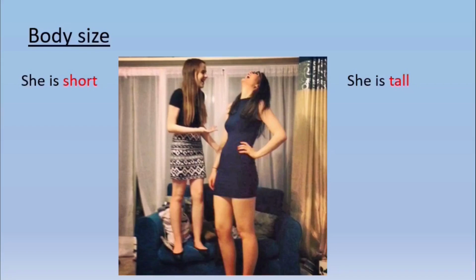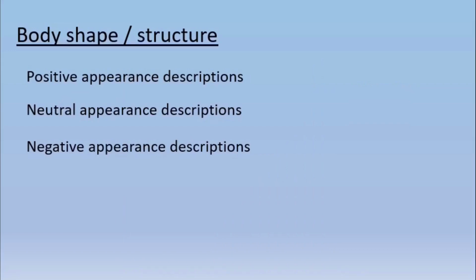She is tall. When talking about body shape and structure, there are three areas to work with: positive appearance descriptions, neutral appearance descriptions, and negative appearance descriptions.